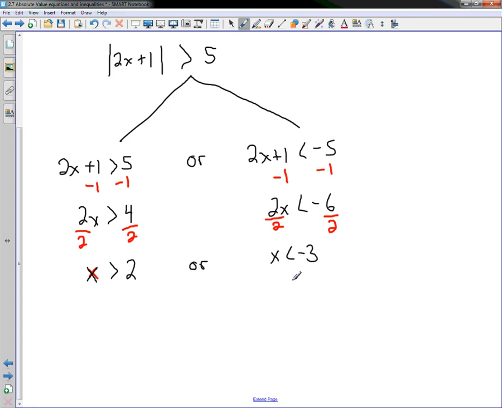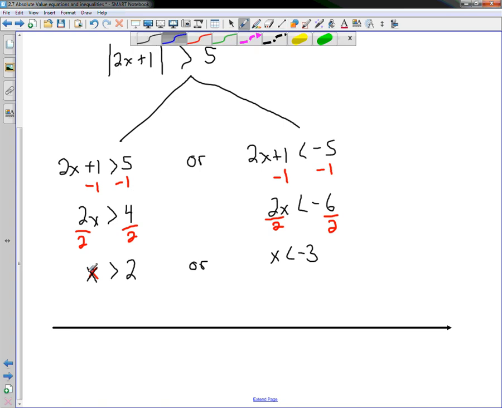Okay. Our directions are to graph this. So let's go ahead and get a number line again. And let's graph the first one. So we have x is greater than 2. So we have 0, 1, 2. Greater than 2, well, we should be using a parentheses this time. And greater than is to the right.